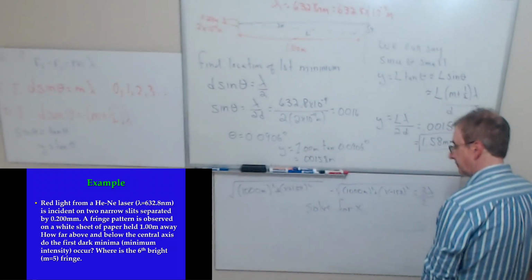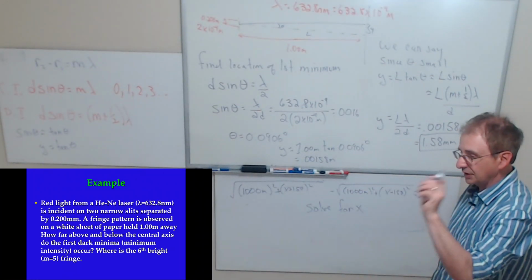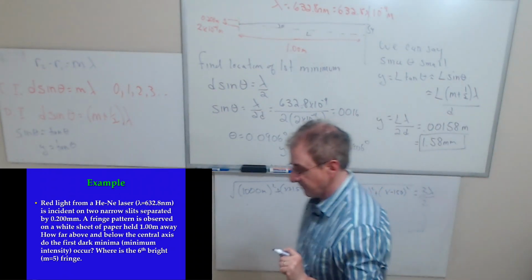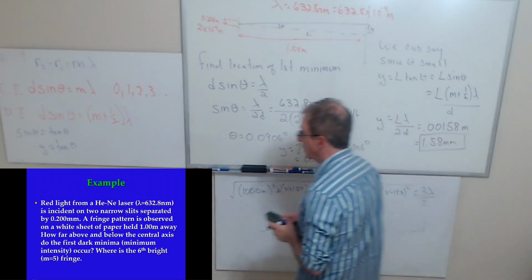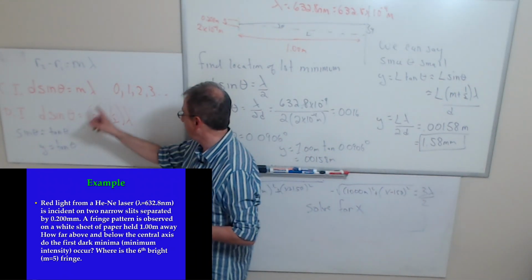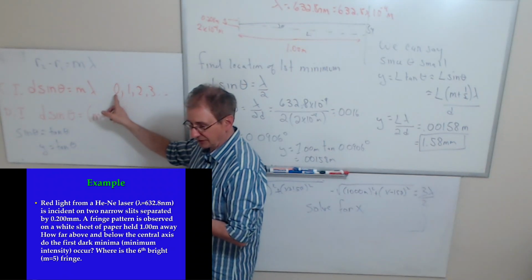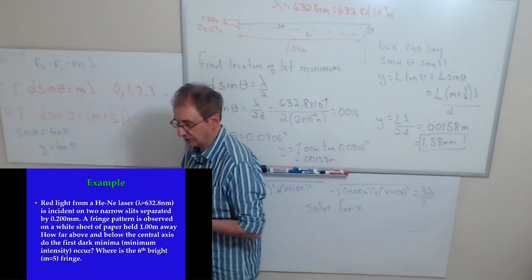Now what about the sixth bright fringe? Of course, that can occur above and below the axis. In fact, the sixth bright fringe is m equals 5, because don't forget, m equals 0 is also a fringe. So first fringe, second fringe, third fringe, this is the 0th order fringe.